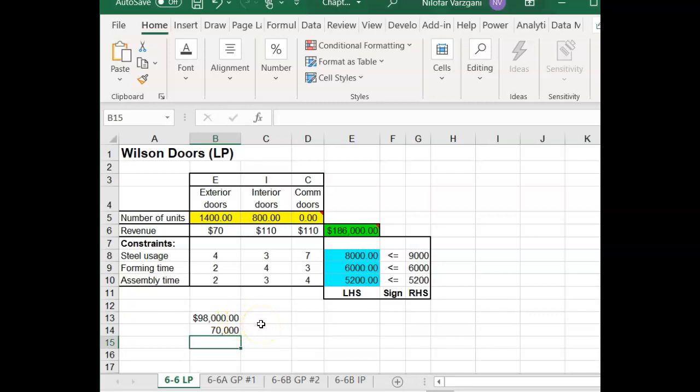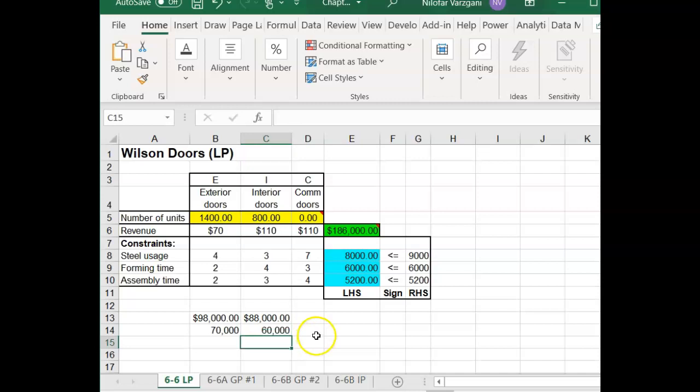The third goal that he wants to achieve is to have interior door sales of at least $60,000. The current LP solution is giving him the interior doors revenue as 88,000. So the goal he set for his business based on this 88,000 is 60,000.